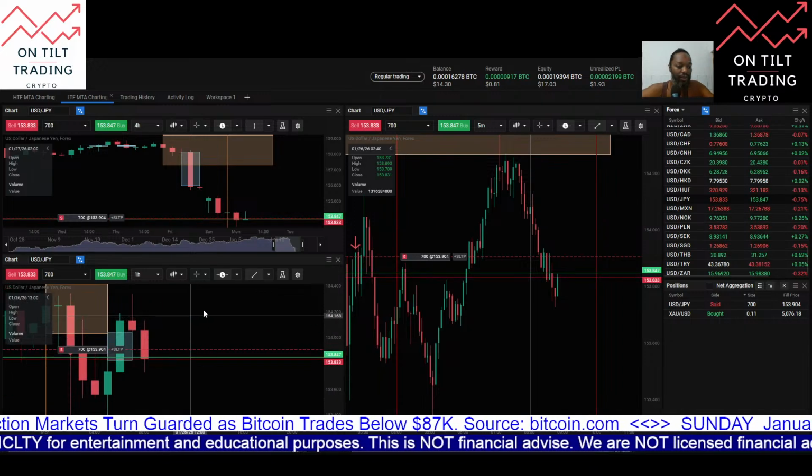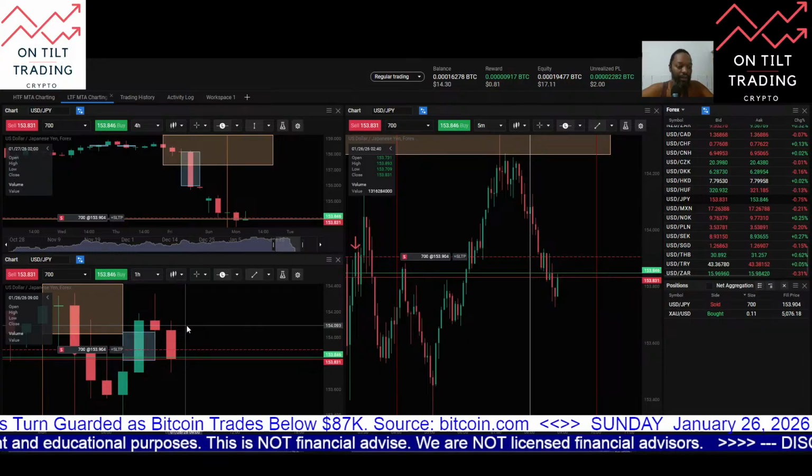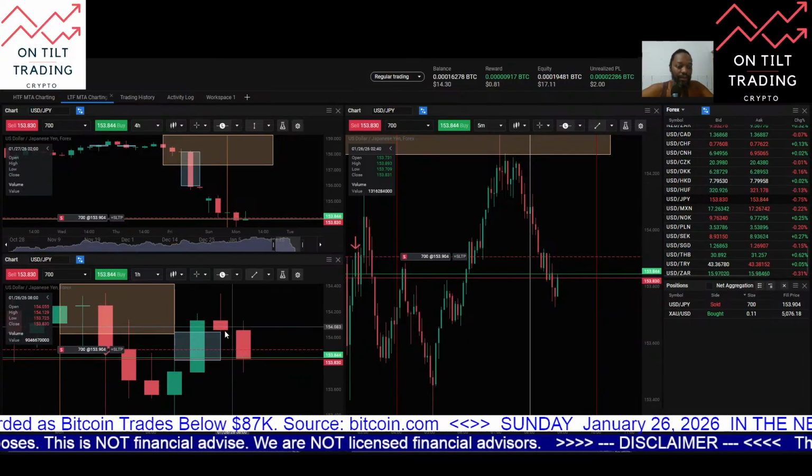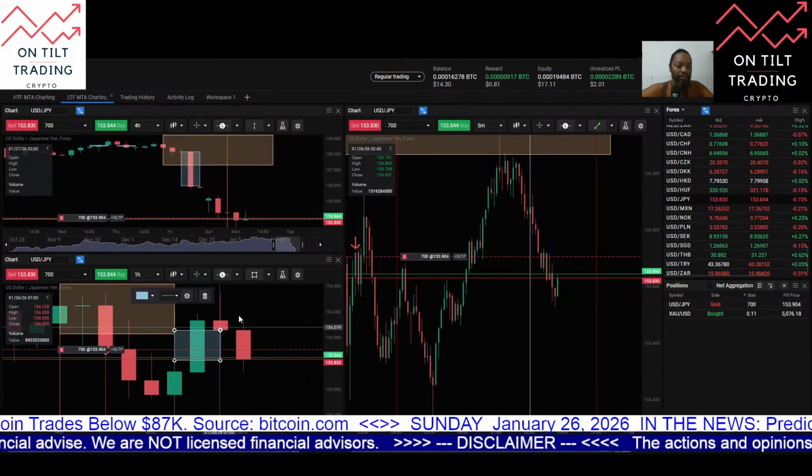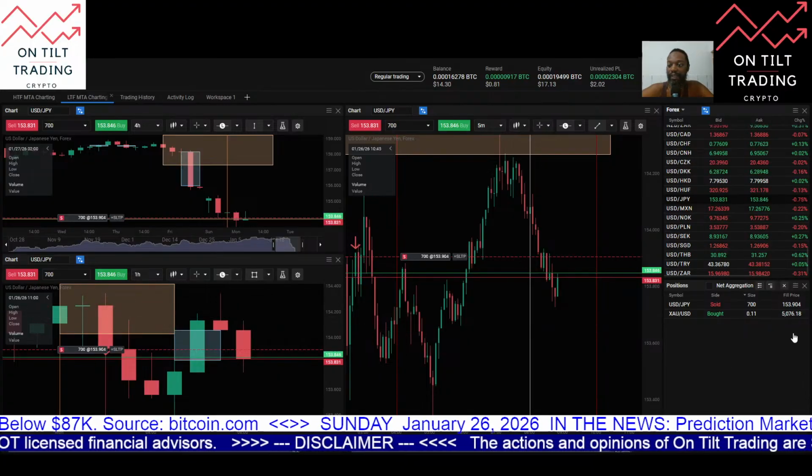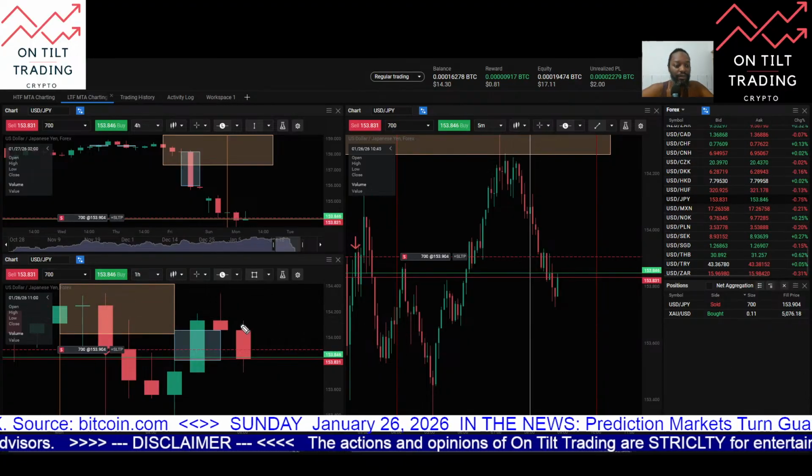But price is still trading below my entry price. Price is currently contending with this bullish fair value gap, or this buy side imbalance, sell side inefficiency here.